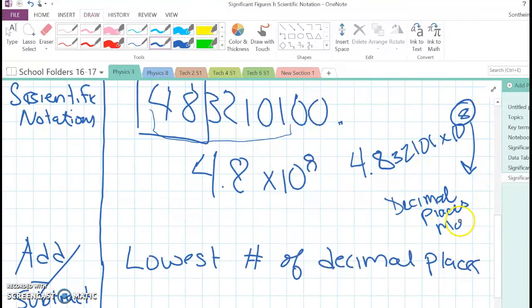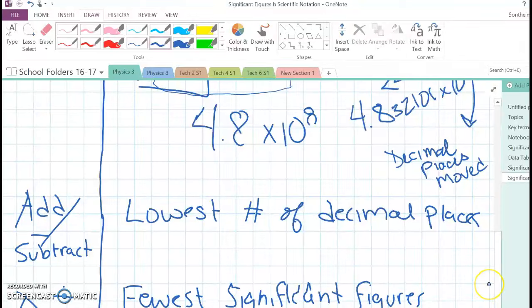If we move the decimal place this way, it's going to be positive, because this is like 10 to the 8th, which is a huge number, times 4.8. Now, if you have another situation where it's 4.8 times 10 to the negative something, then you know it's a really small number. So I'll review that on the homework.